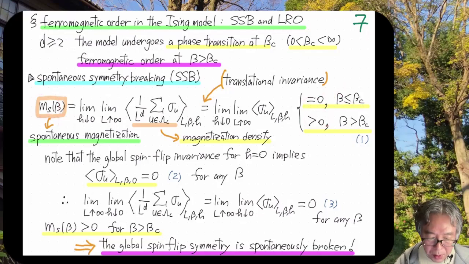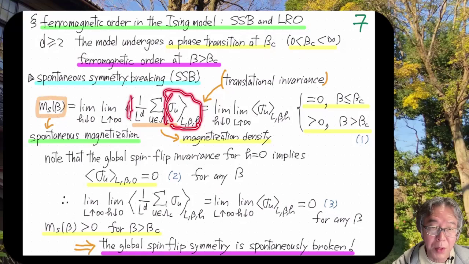Here's one remark. We are using periodic boundary conditions, so this can be simplified. First of all, because of the linearity of expectation value, you can write this in this way. But this expectation value is independent of u.